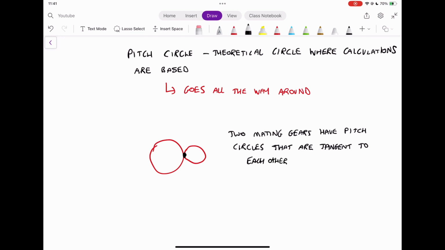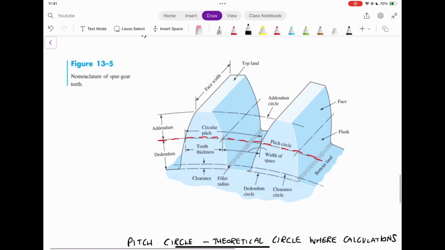That's how geometrically they would be calculated. So the diameter of a gear is not calculated by the top or the bottom of the gear. It's calculated by the diameter of the pitch circle. We'll talk about that a little later.